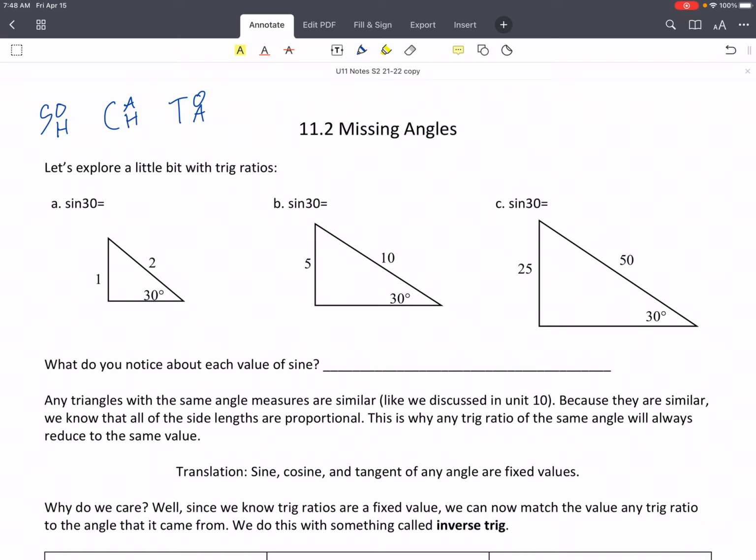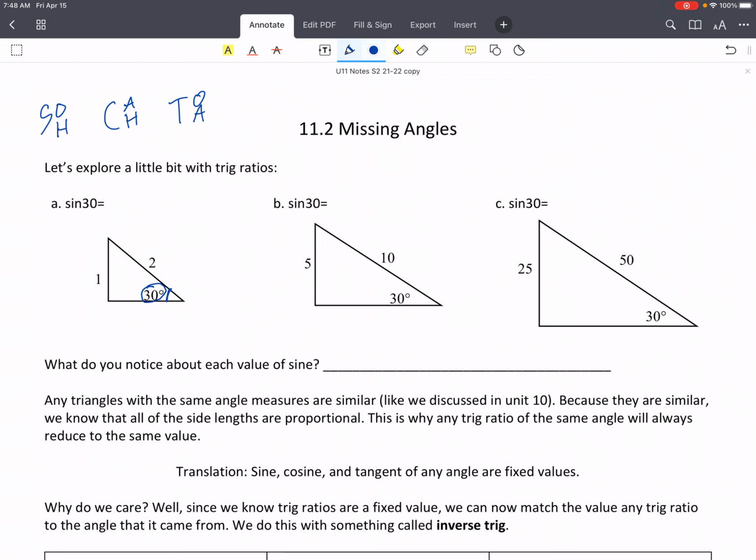So we've got a little bit of an exploration activity here. What I want you guys to do is just take a second and figure out what the sine of 30 is for each of these. What I mean by that is that the angle we're going to be using as our reference angle is that 30-degree angle.